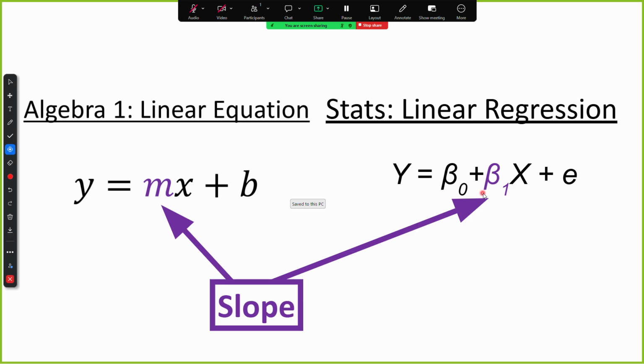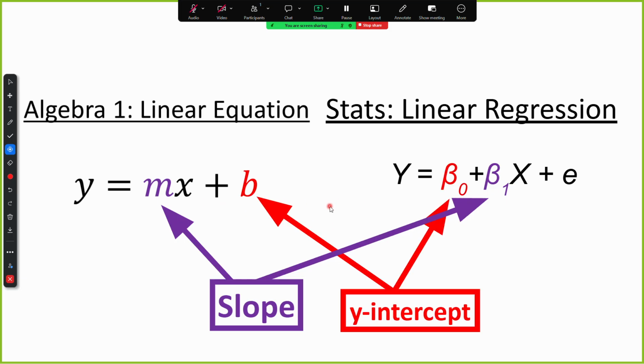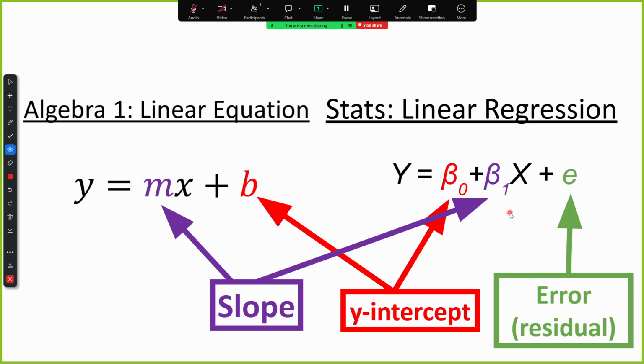The slope is the same, but instead it's B1, or beta 1, as that symbol is beta. There's a y-intercept, which is beta naught, or b. And then there's one little thing, e. That is the error, the residual. So, to summarize, y equals beta naught plus beta 1 x plus error, e. That is what the linear equation equivalent is within statistics.